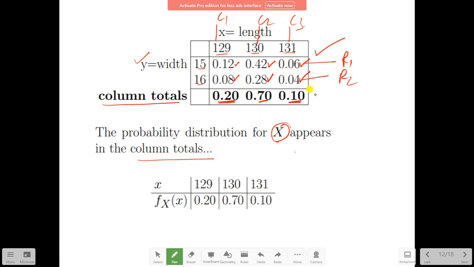This is the random variable, that is length x is 129, 130, 131, and the distribution function of the random variable x is 0.20, 0.70, 0.10, that is the column totals.